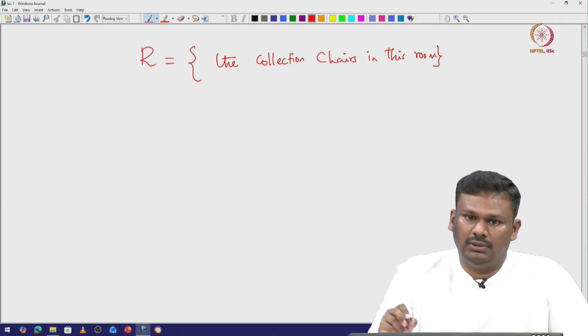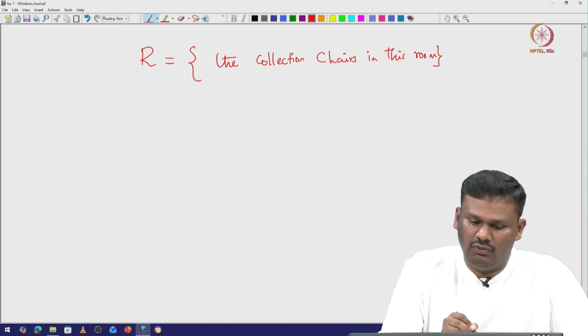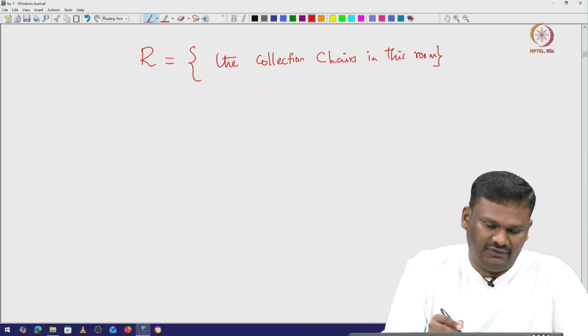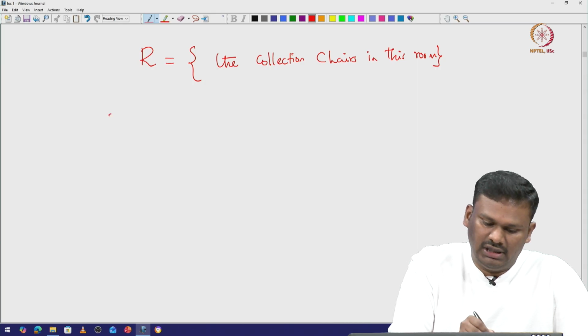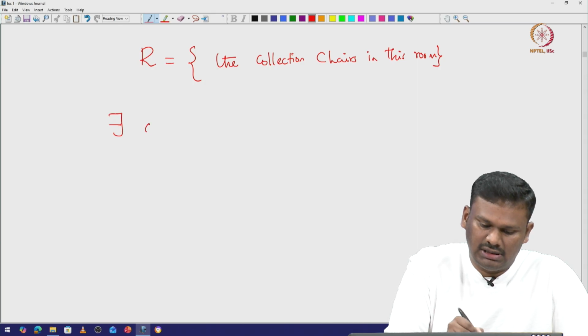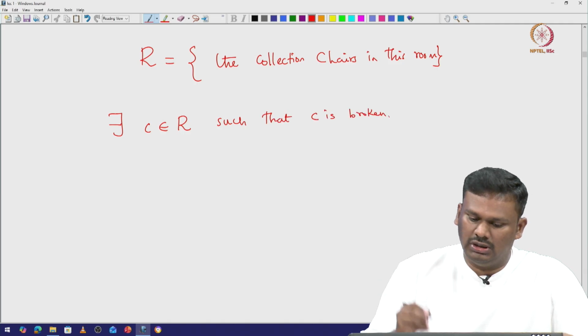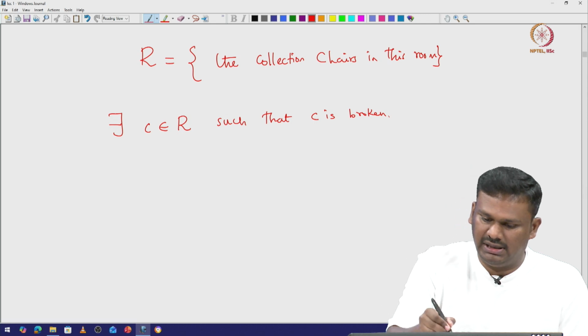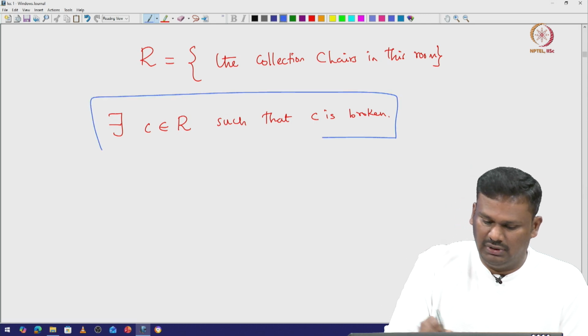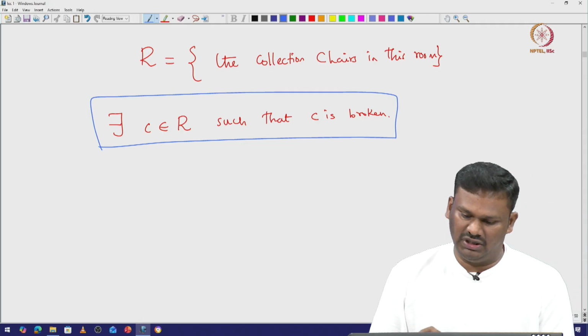Being broken is a property of that chair. So, if I want to use quantifiers, then we need to say there exists a chair C in R such that C is broken. So, this is how we can write the same sentence in mathematical language.